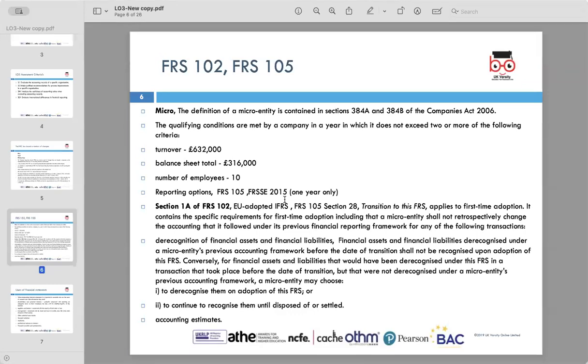Section 1A of FRS 102: this section offers a streamlined set of requirements for small entities. EU-adopted IFRS: this is an option for entities that choose to adopt international financial reporting standards.